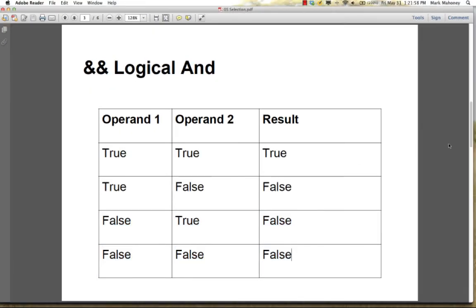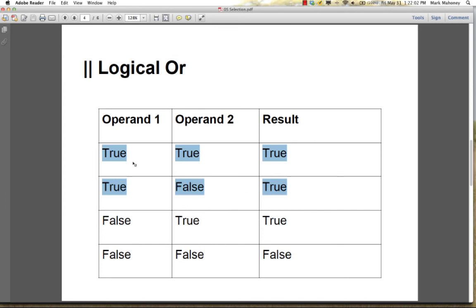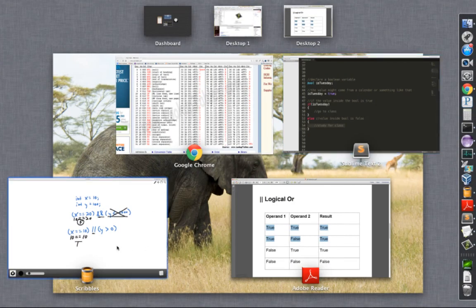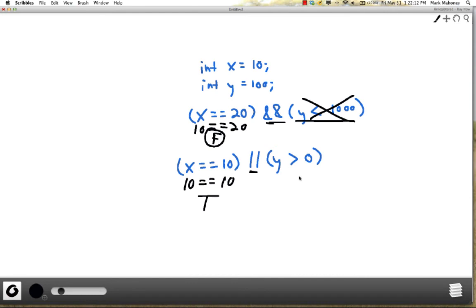If we look at the table, any expression where the left-hand operand is true is always going to result in a true value. So for exactly the same reasons, we won't even bother executing this part of it, because true or anything is going to give us a value of true. And false and anything will give us an overall value of false.